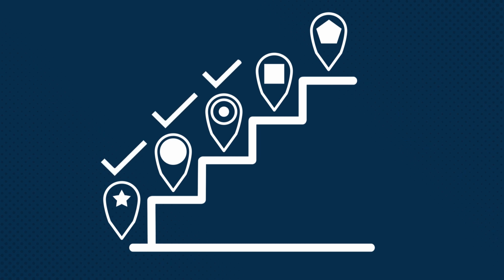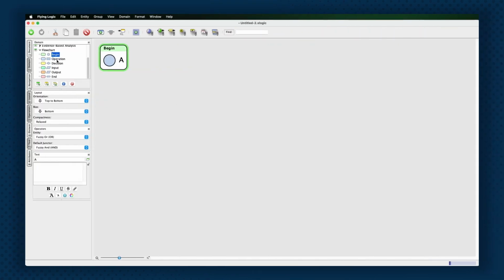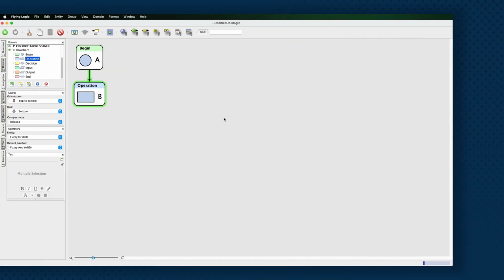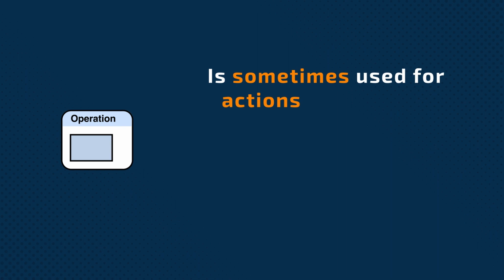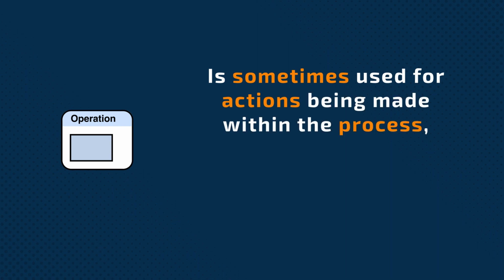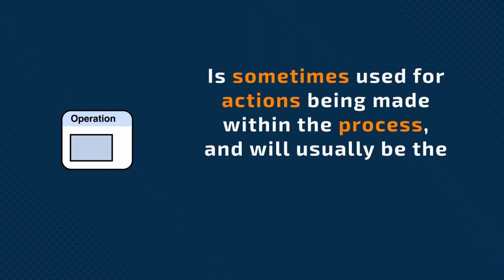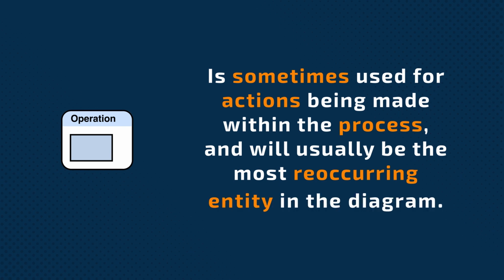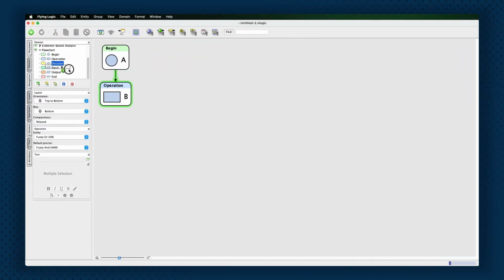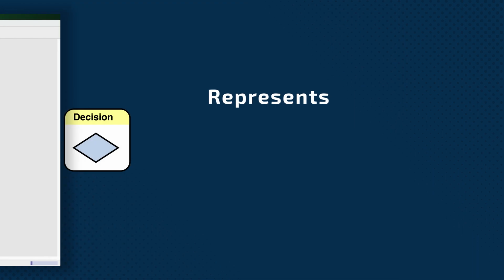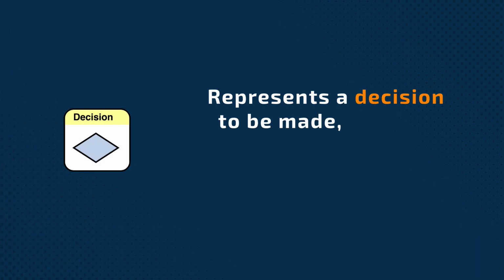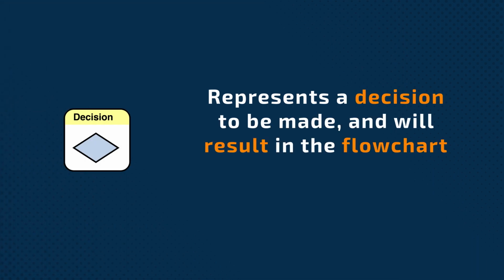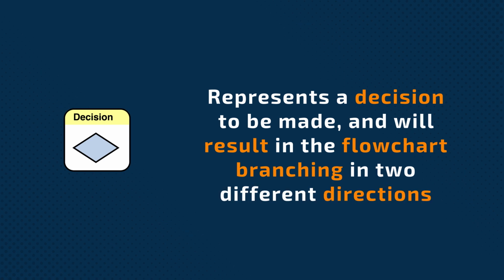Check that the correct entities are being used for the correct type of steps. Operation entity is sometimes used for actions being made within the process, and will usually be the most reoccurring entity in the diagram. Decision entity represents a decision to be made, and will result in the flowchart branching in two different directions.